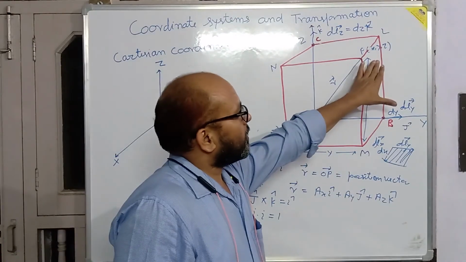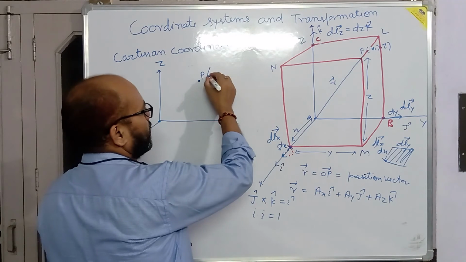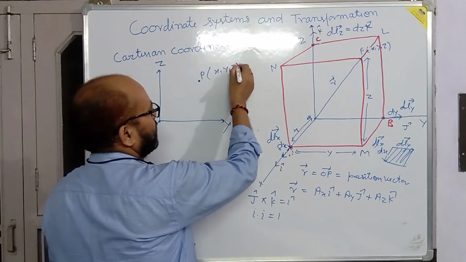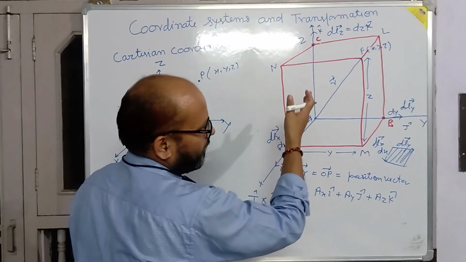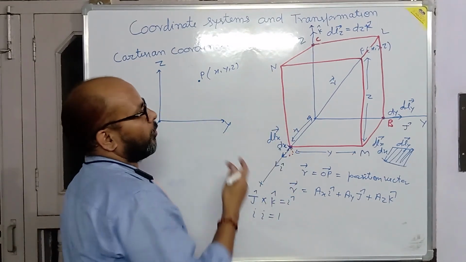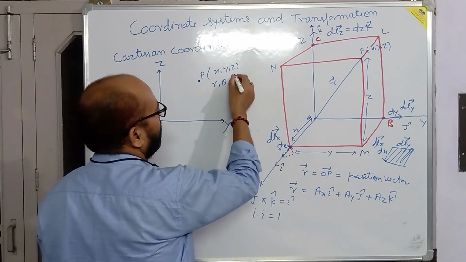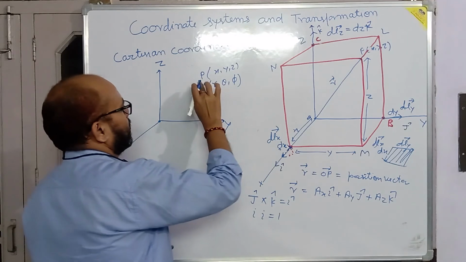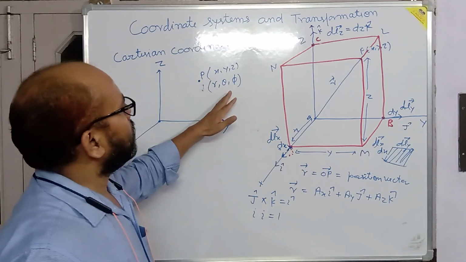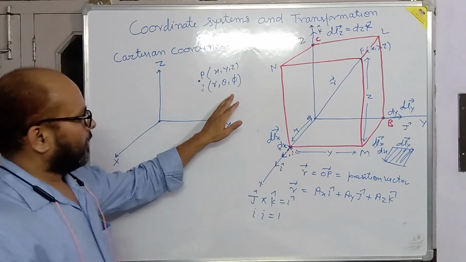Cartesian rectangular coordinates of point P are x, y, z. Now suppose these coordinates are transferred to spherical polar coordinates, that is r, theta and phi. So this system changes to another coordinate system.